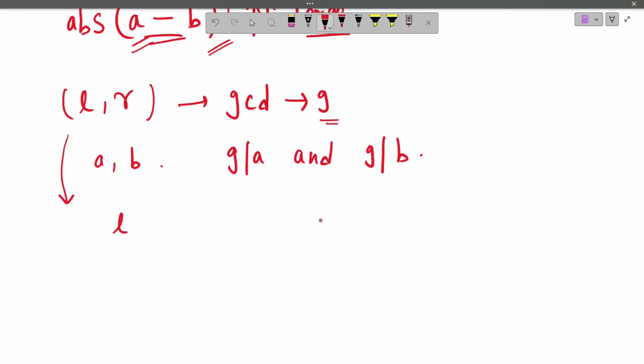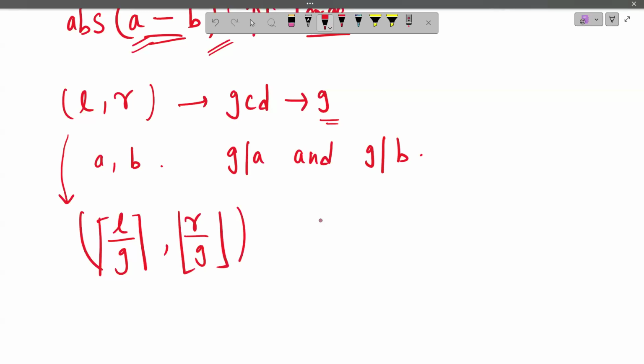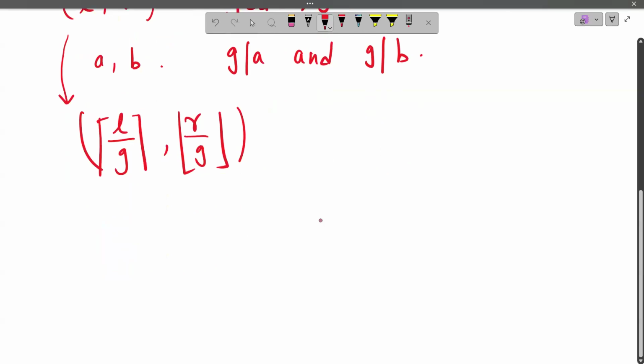I scale it down to the ceil value of L by G and the floor value of R by G. Once I do this, this is my new range, and I need to find new A and B such that A and B are co-prime, right?